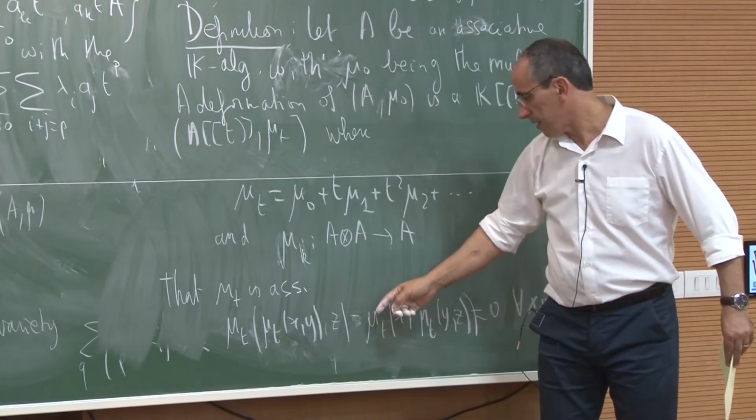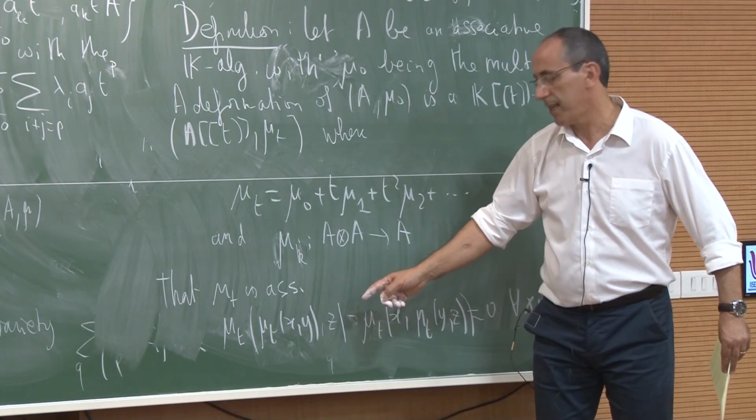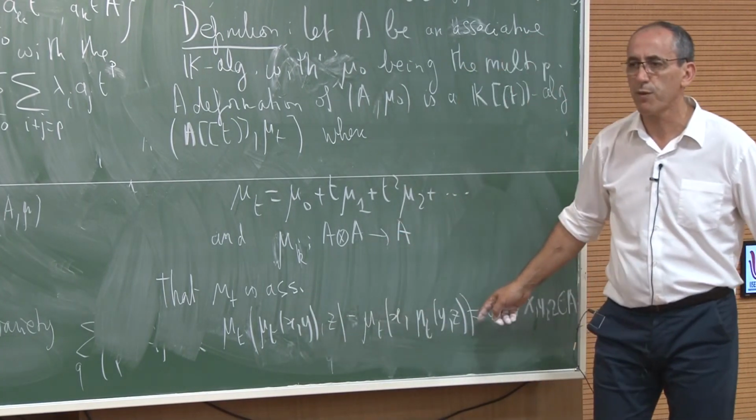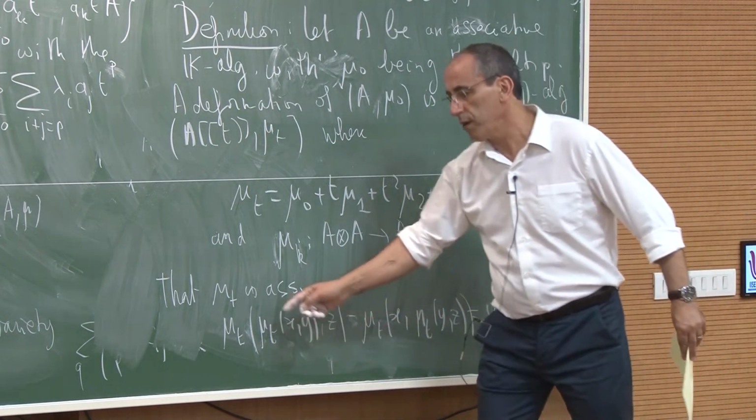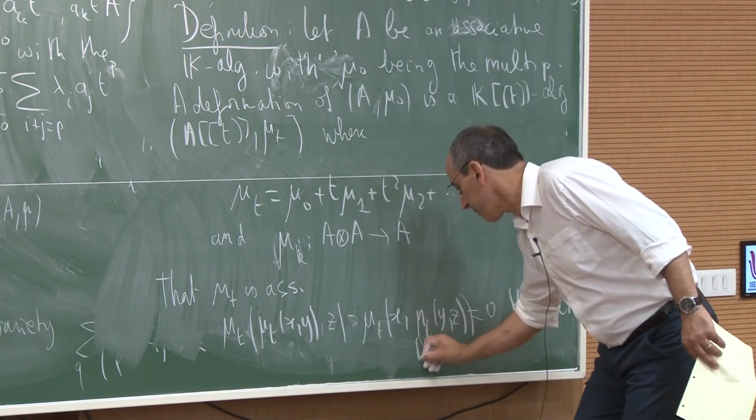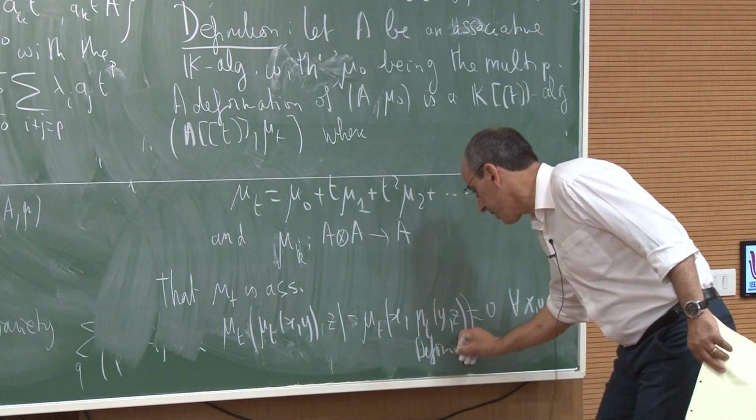It's enough, according to the KT linearity, to check it only on elements of A. And this is what we call the deformation equation.